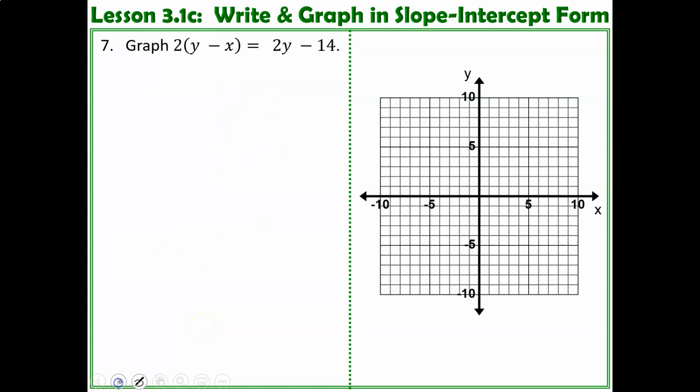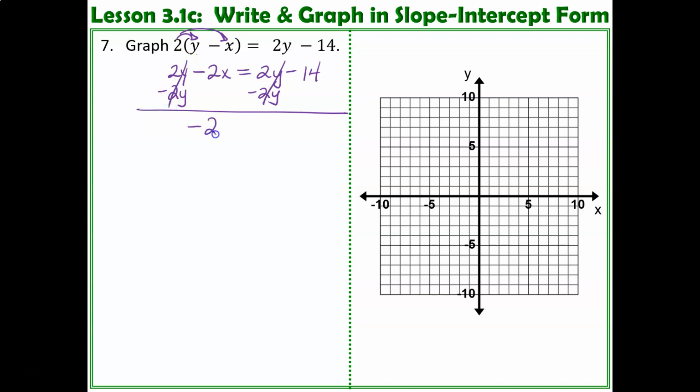All right, you know we're going for the opposite thing here, so let's rearrange this one. So I'm going to distribute. There's some organizing to be done here. So I have 2 times y is 2y. 2 times negative x is negative 2x. Let's bring the y's over to one side. If I do that by subtracting 2y from each side, my y completely disappears. And I'm left with negative 2x equals negative 14.